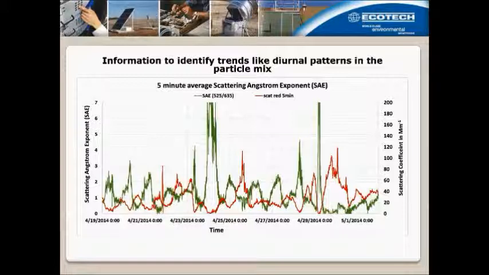During daytime, the angstrom exponent gets smaller, particles get bigger again, and then at night again, a larger angstrom exponent means smaller particles. So that gives you a little trend, and you can look into diurnal patterns and see whether particles grow during the day and see some more interesting parts. That's one application you can do with that angstrom exponent.